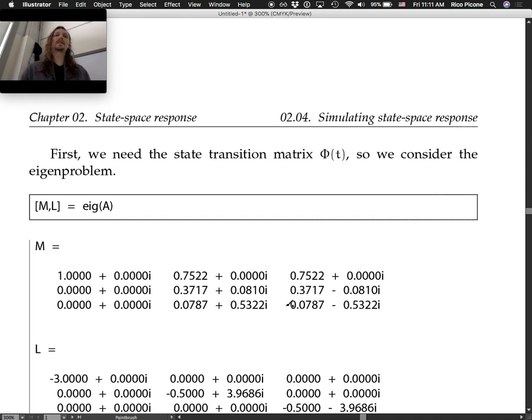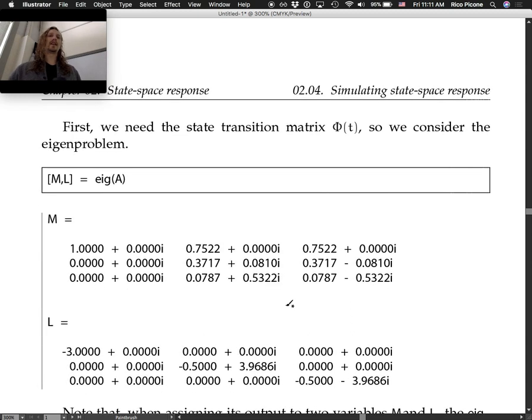Okay, so first thing we need is the state transition matrix phi. So we consider the eigenproblem. Remember, our preferred method of finding the state transition matrix is by finding phi prime, the state transition matrix for the diagonalized system, right? Because that was a lot easier than having to recognize the series in the other method.